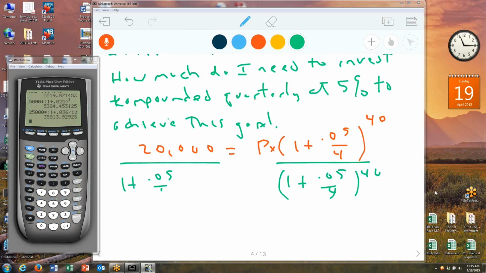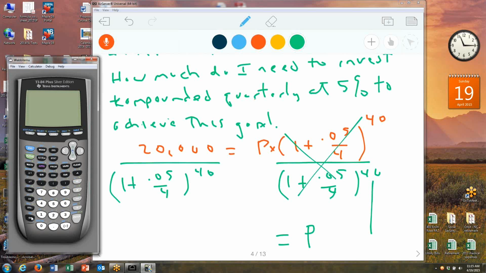So if I divide by all that, those cancel out, of course, and that's going to give me my present value. If I type that in my calculator carefully: 20,000 divided by parenthesis 1 plus 0.05 divided by 4, parenthesis, caret to the 40 power.